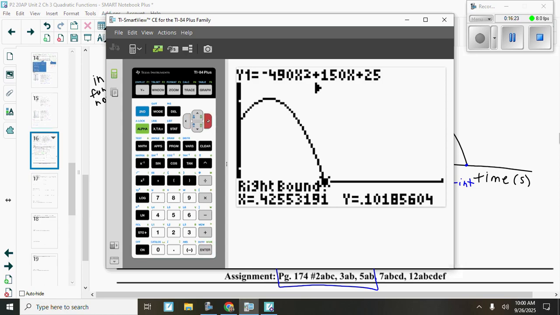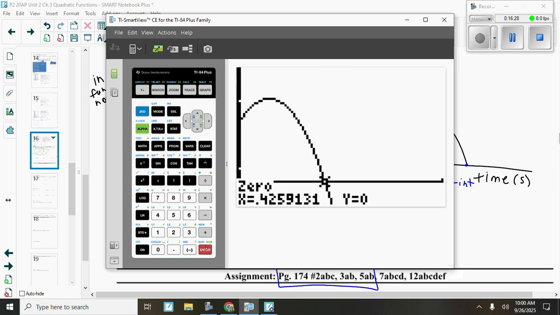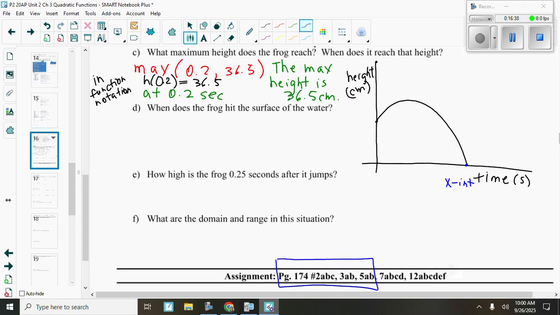Enter, enter. And so it tells us at 0.4 seconds, it looks like it's hitting the water, at y = 0. So we can do it with our calculator, and we get a 0 at 0.4.